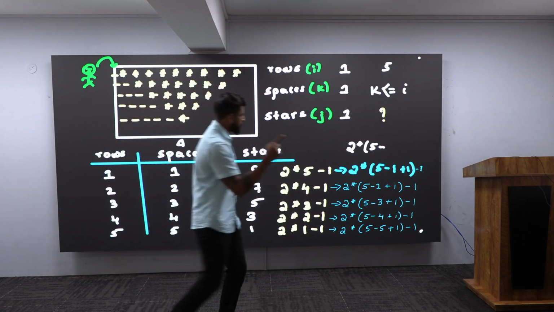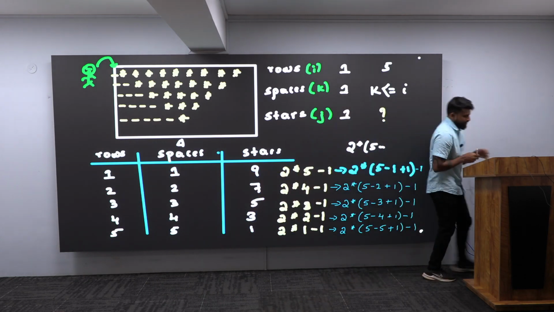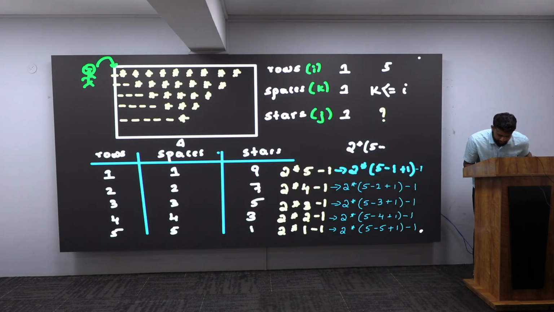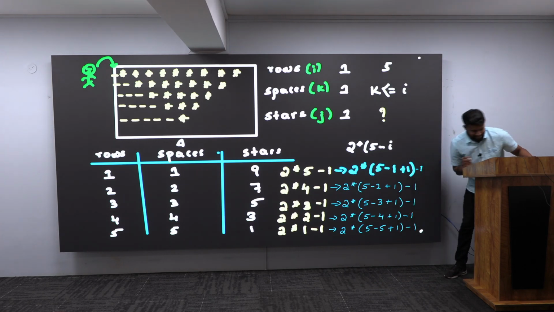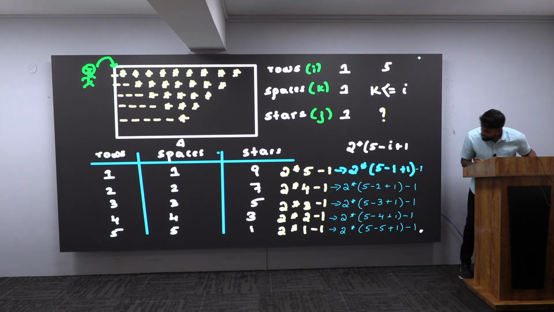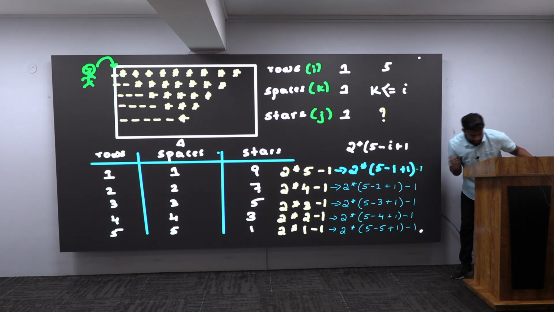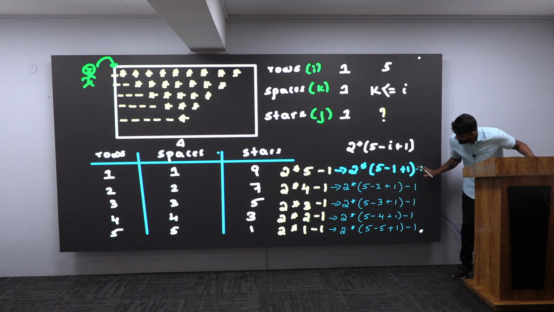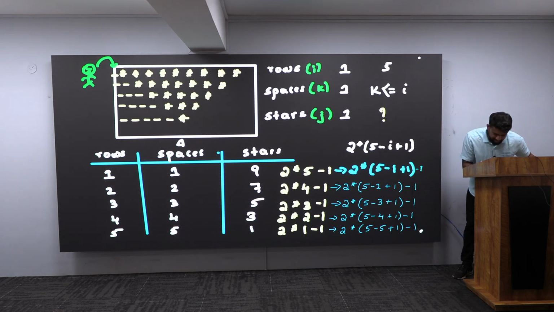Sensing this much. Now, I will come here and in place of this, I will put Mr. I like this. After that, everywhere plus is there, plus. Everywhere 1 is there, 1. Everywhere brackets are also there, very good. Everywhere minus is also there, very good.